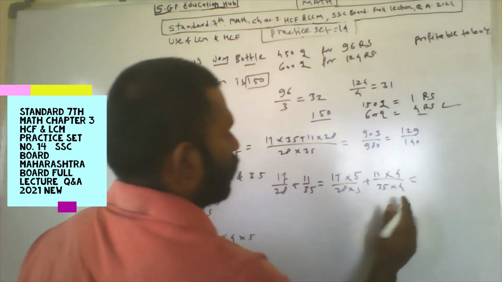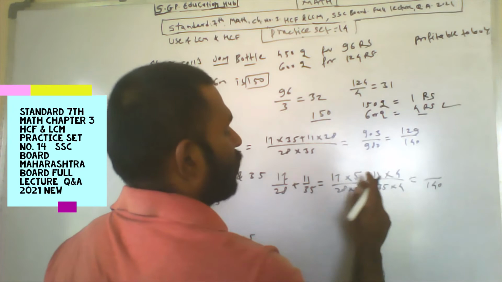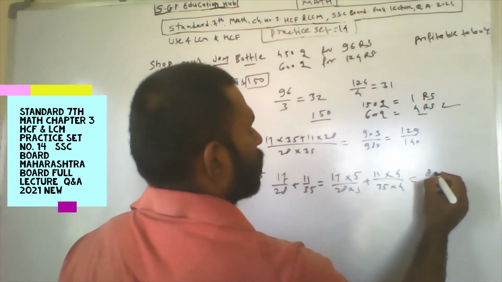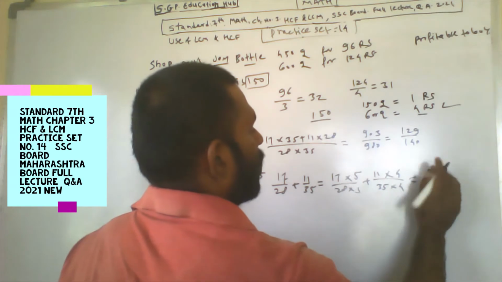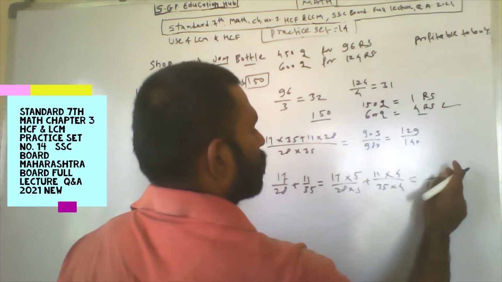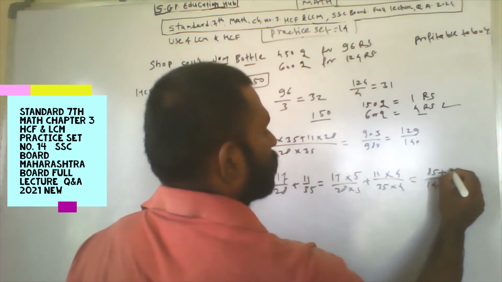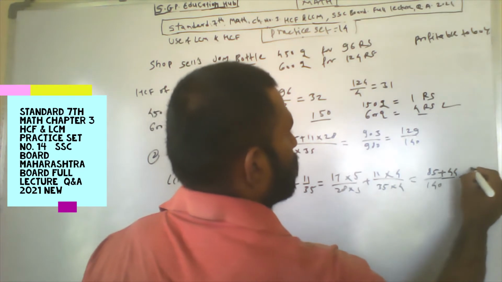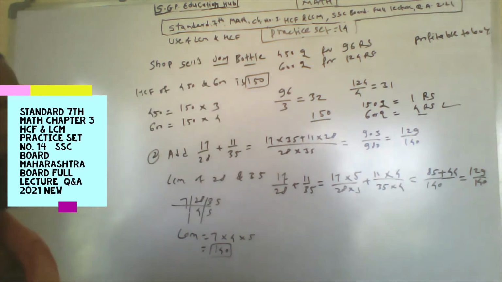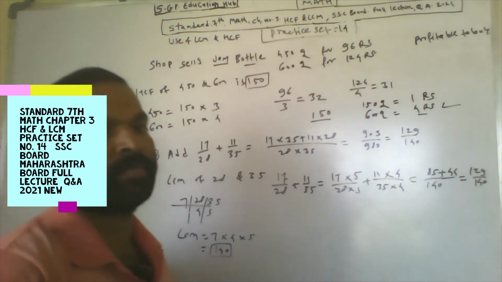As usual, both denominators are 140 and the numerator is 35 plus 44. The answer is 129 upon 140. This is the easiest method to solve this type of sum.